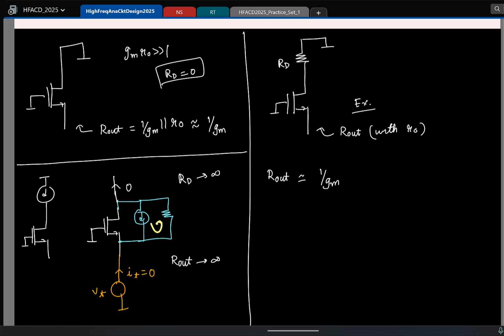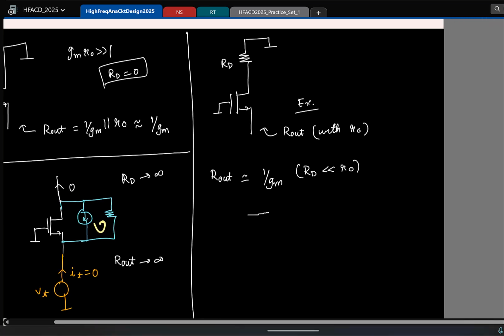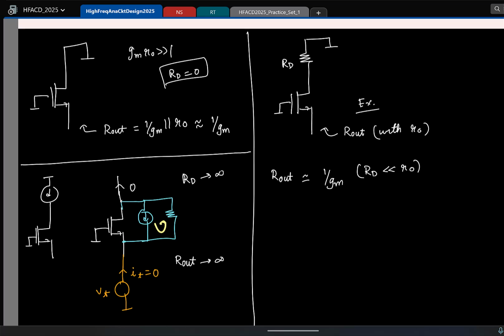Small and large are relative terms; here the comparison is with respect to R naught. So if R naught tends to infinity, or if I don't consider the effect of R naught, what is the output resistance?